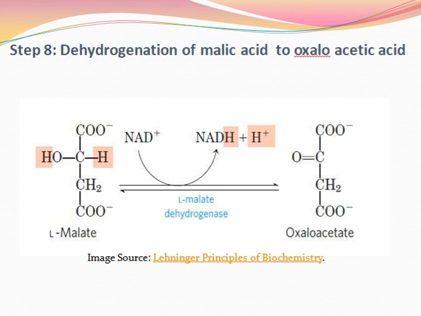Malic dehydrogenase is the enzyme required for this reaction, and NAD plus acts as a coenzyme. The reaction in total: malic acid plus NAD plus, under enzyme malic dehydrogenase, gives oxaloacetic acid plus NADH plus H plus.